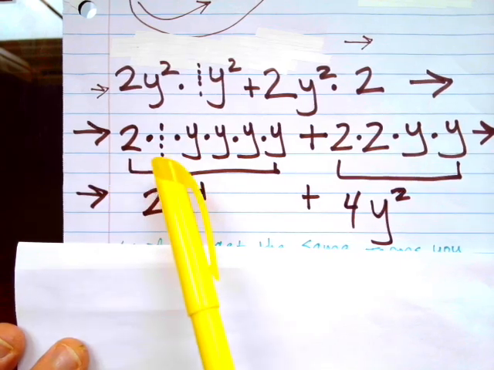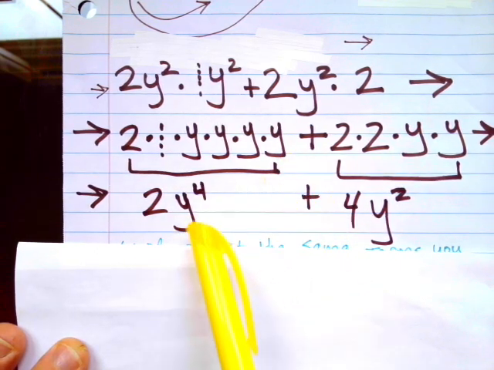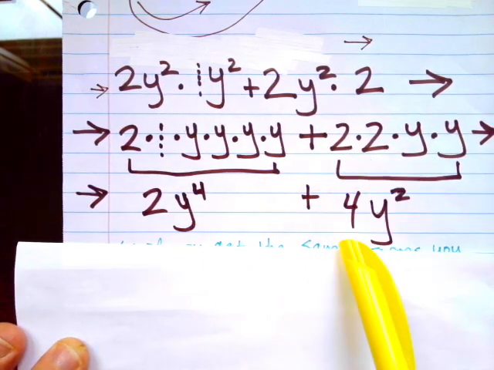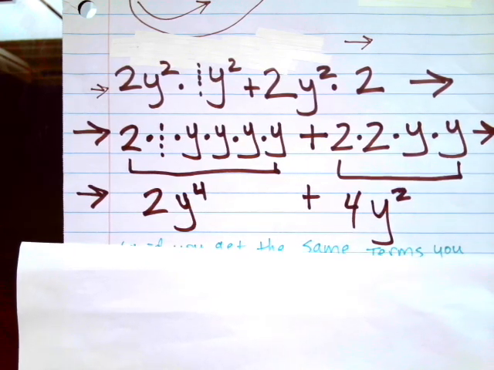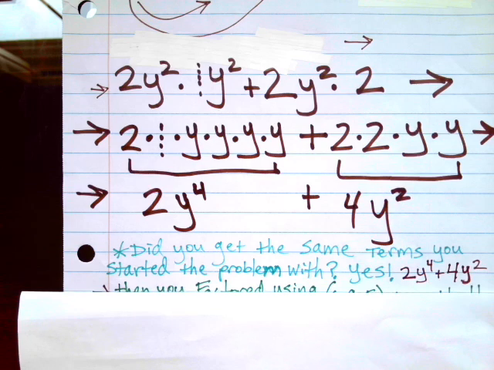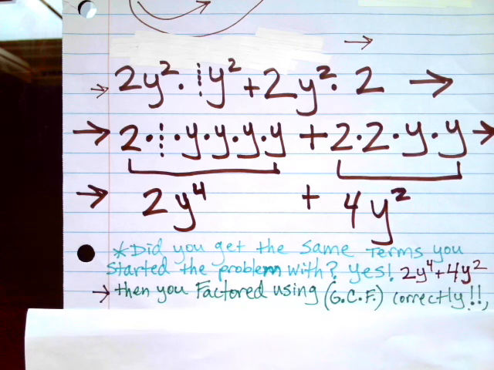So 2 times 1 is 2, 4 y's is y to the 4th, plus 2 times 2 is 4, 2 y's are y squared. Did you get the same term you started the problem with? Yes. 2y to the 4th power plus 4y squared. Then you factored using greatest common factor correctly.